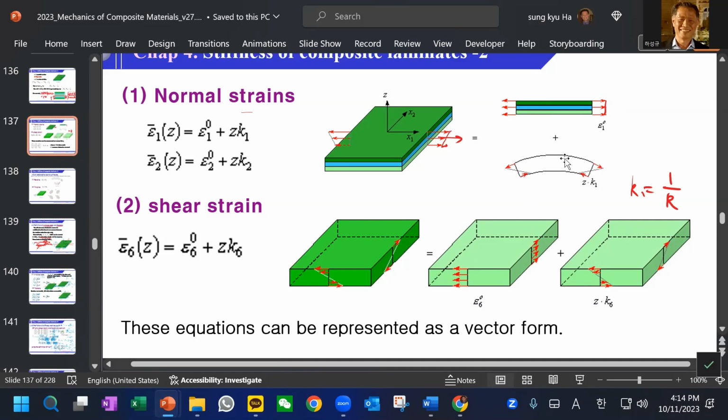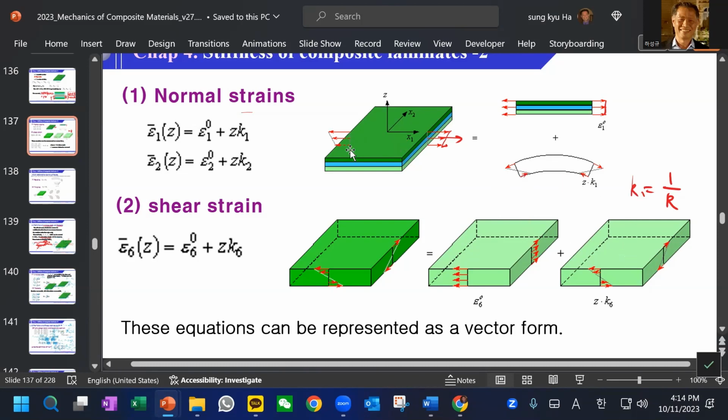Extension means that the strain will be exactly the same in all plies, since they are deformed together. So all the strains of the first ply, second ply, third ply, the deformation will be the same. Strain will be the same. Now, it can also bend. What does it mean to deform?